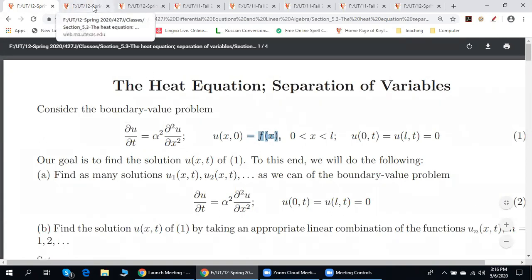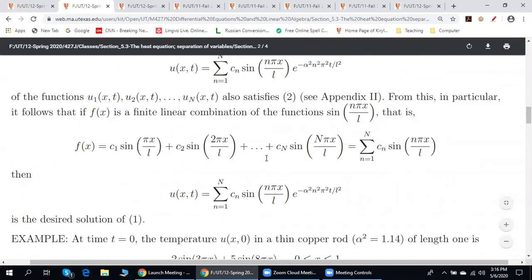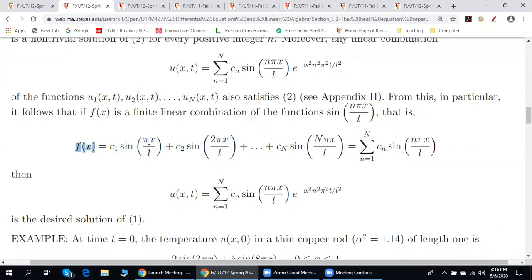If f of x is equal to 1, one can show that it is impossible to find numbers C1, C2, and so on, Cn, such that the whole expression is identically equal to 1. Therefore, big question is, what do we do in this or other situations?